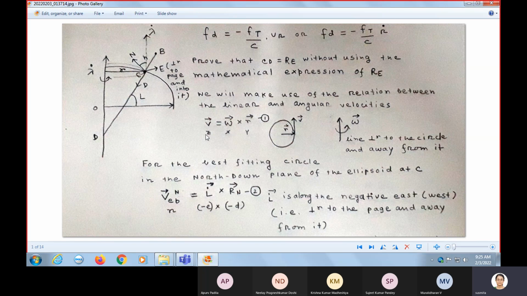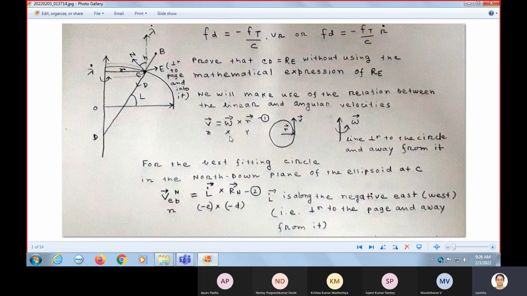We are going to apply this simple formula for different base fitting circles. The first base fitting circle we have is the circle in the north down plane. We already discussed that the radius of the base fitting circle in the north down plane is Rn. Just imagine that circle and its radius is Rn.